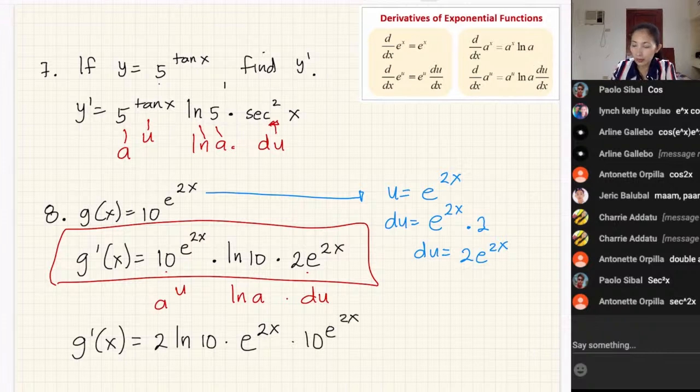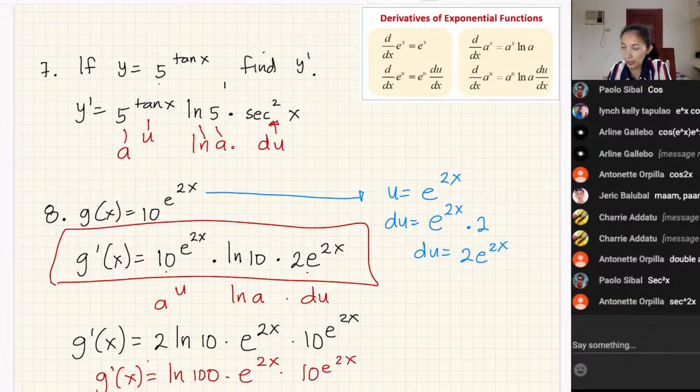And further, we can simplify this from your laws of logarithms. This could be simplified as g prime of x, okay? G prime of x is equal to the natural logarithm of 100 times e raised to 2x times 10 raised to e raised to 2x.